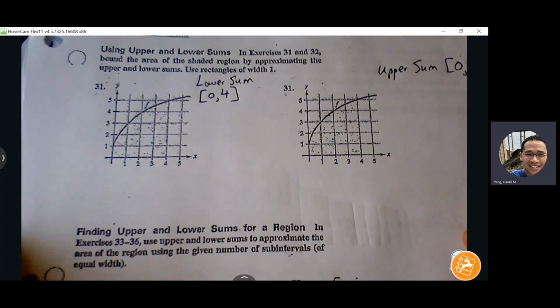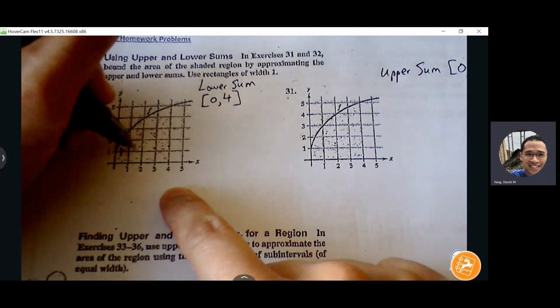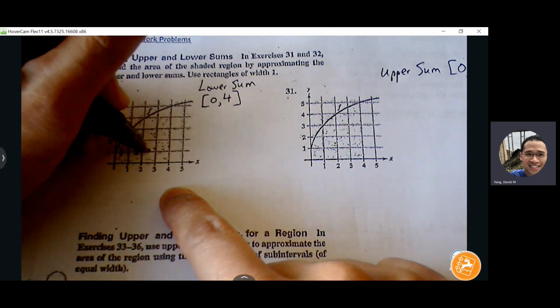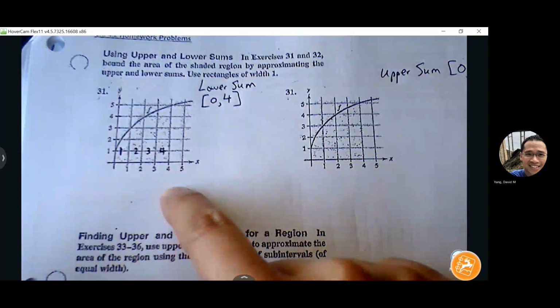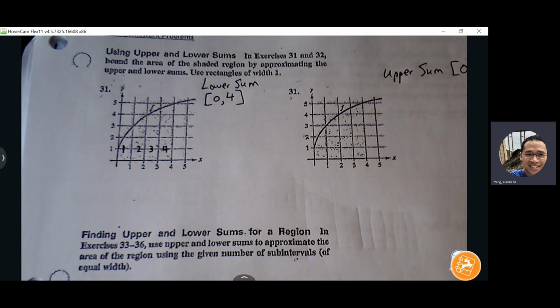Okay. So just like before, we see our 4 subintervals. You got region 1 here, region 2, region 3, and region 4. Okay. To create a lower sum, we're going to look at each subinterval, look at where they touch the graph, and we're going to choose the lower of the two.